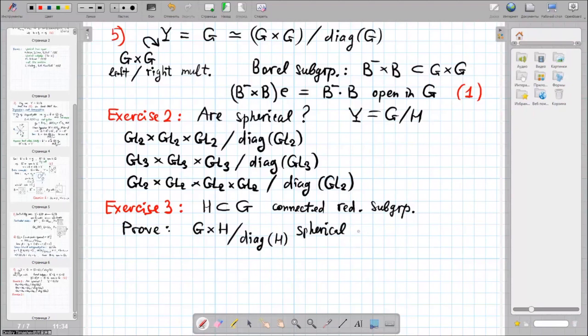if and only if the following property holds. For any irreducible representation of G in some vector space V, its restriction to H is no longer irreducible in general, but it is multiplicity free.